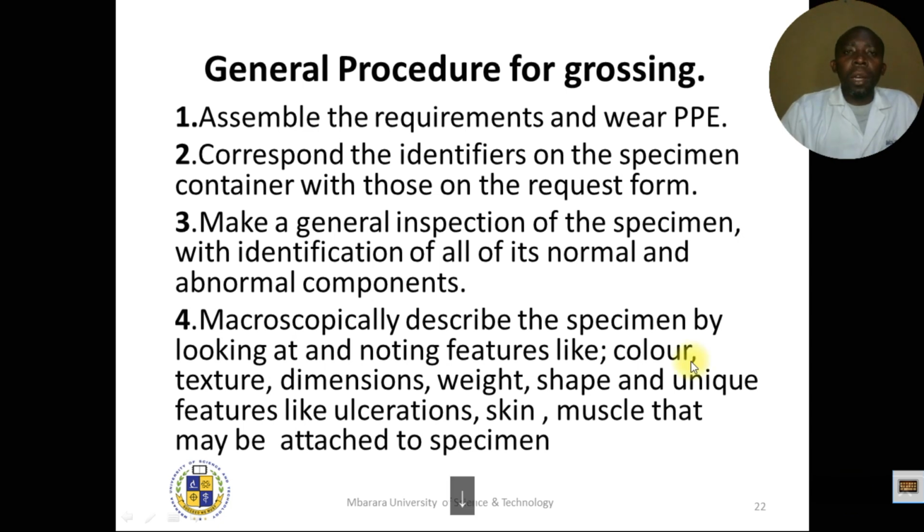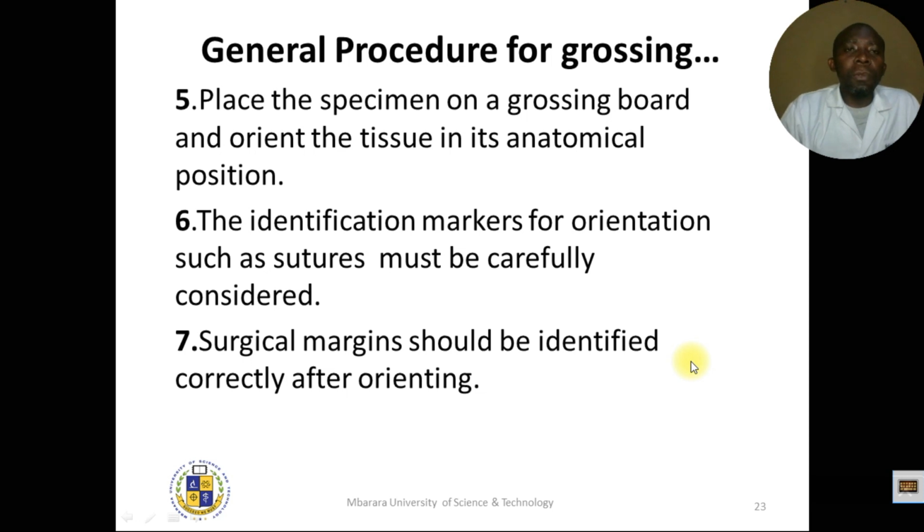So continuing further, number 5, we need to place the specimen on the grossing board and orient the tissue in its anatomical position. For this presentation, I've used the breast, and I will continue giving the same example.